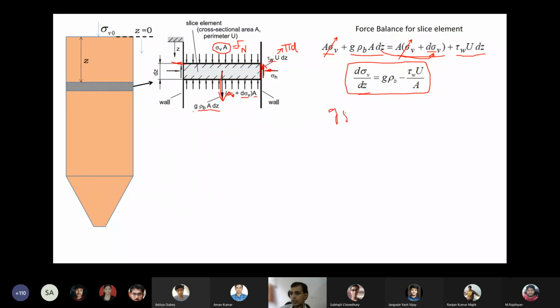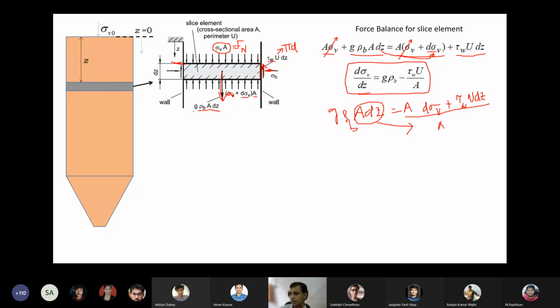G into rho B into A into dz equals A into d of sigma V plus tau W into U into dz. So here the A into dz is brought here, and this term gets cancelled.